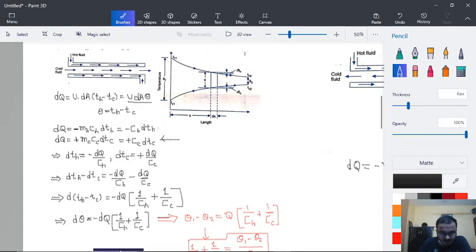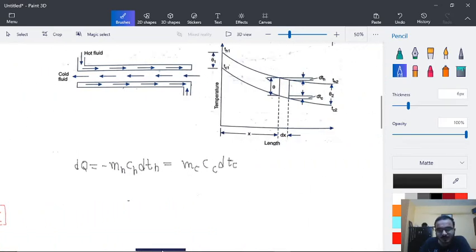This plus sign was there because it was gaining the heat, but however in this case Tc1 and here it is Tc2. Now the direction of cold fluid is in the opposite direction, so because of that negative direction of flow, we are putting a negative sign here for that purpose.